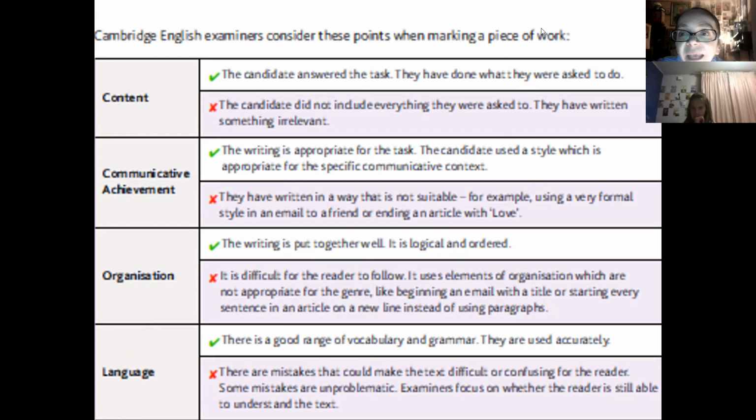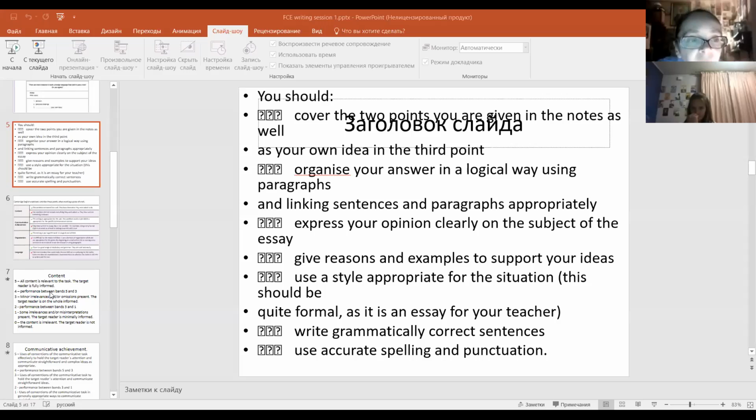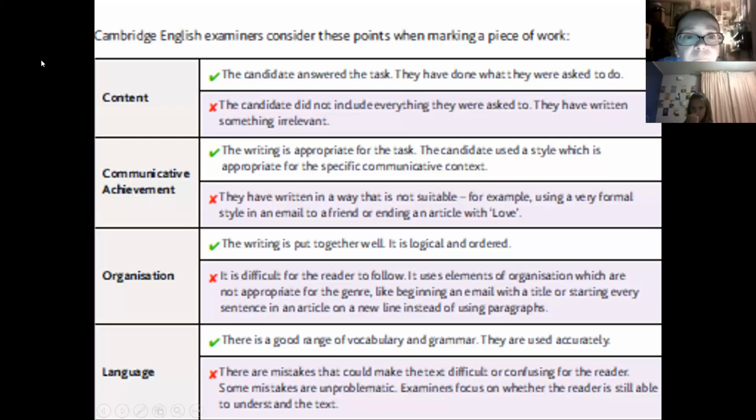Oh, again, I'll have to redemonstrate the screen. Sorry. So, content. It's like at school, for each criterion, the maximum band is 5.